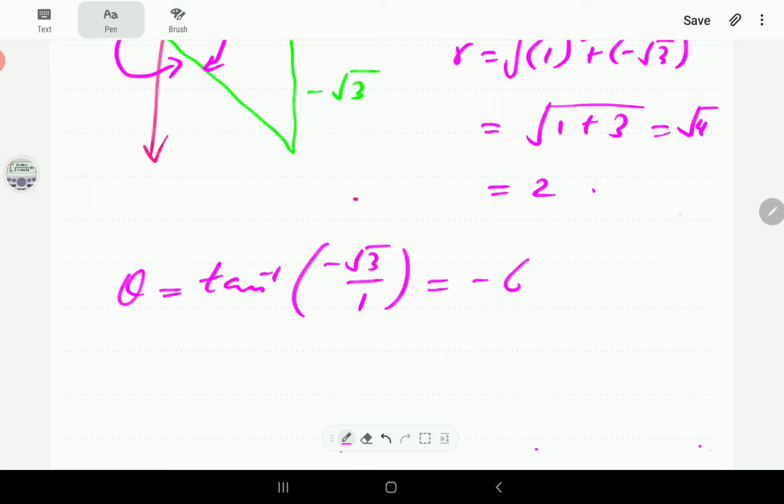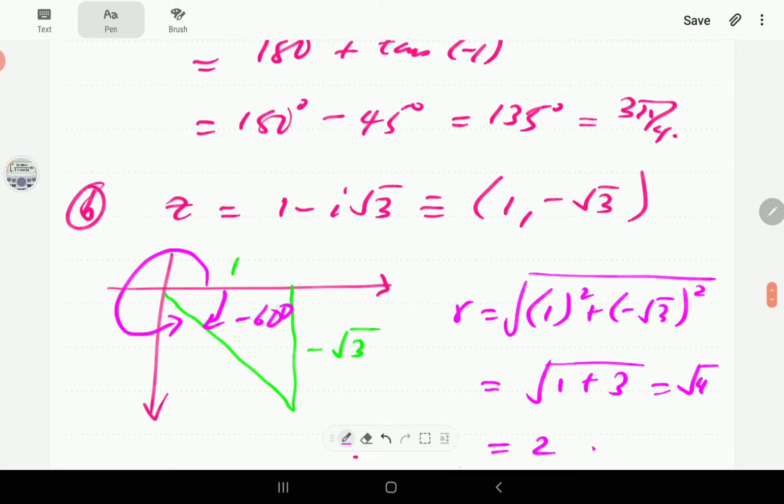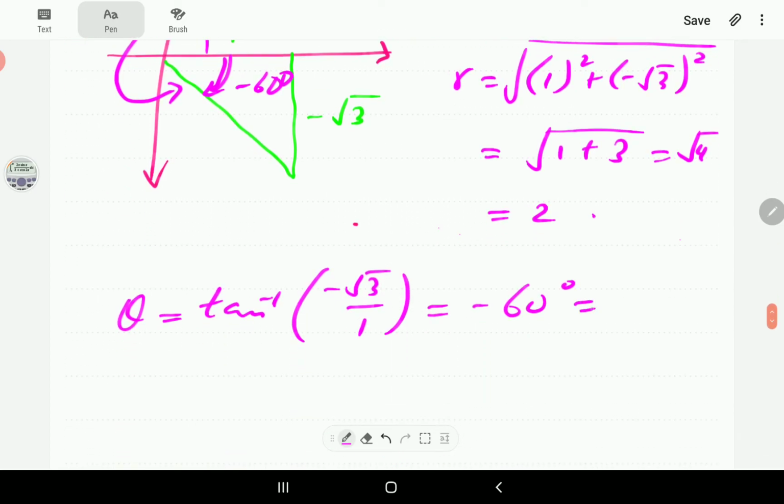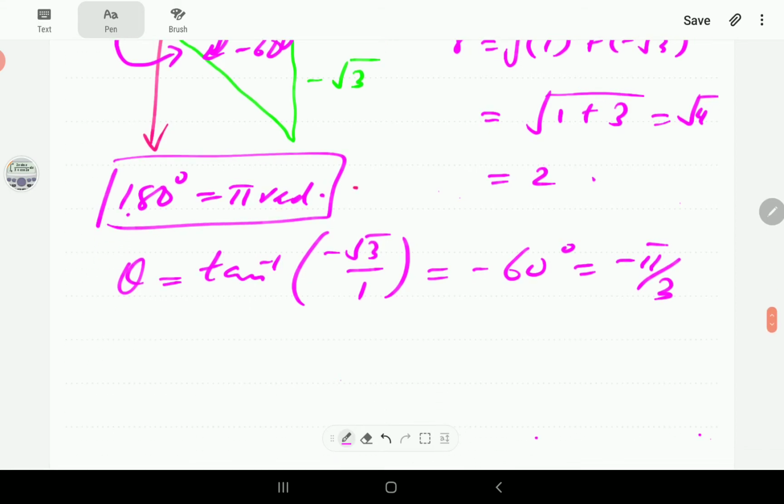So -60, which is clearly this one, because we said clockwise is negative. So -60 in radians is minus pi on 3. So remember, for converting degrees to radians, 180 degrees is equal to pi radians.